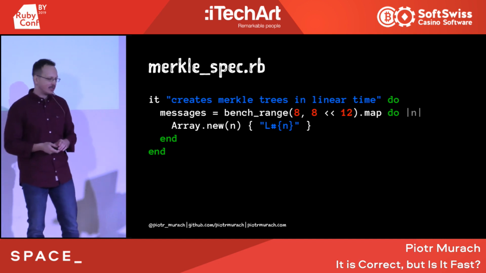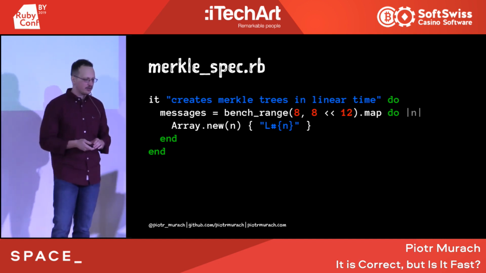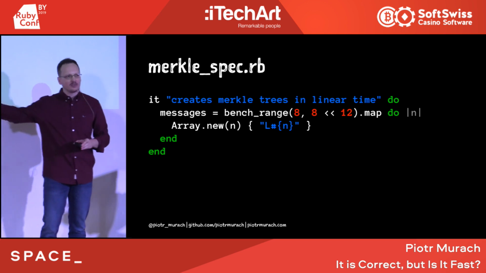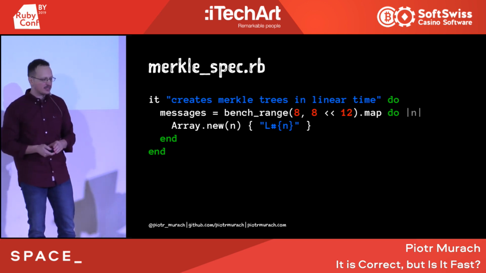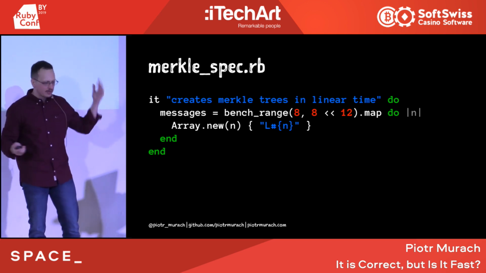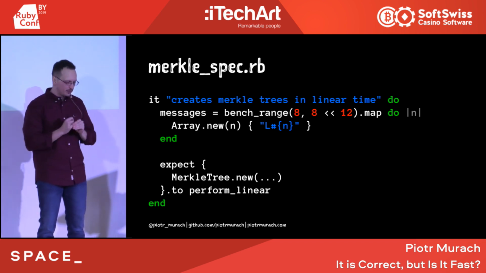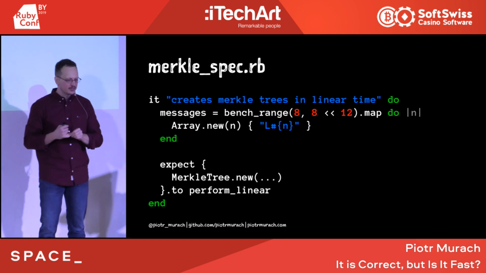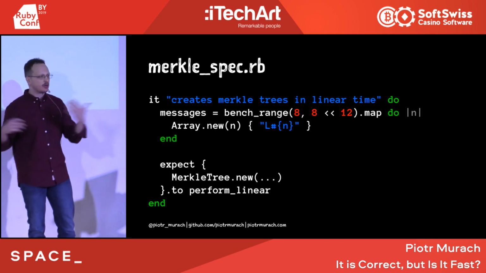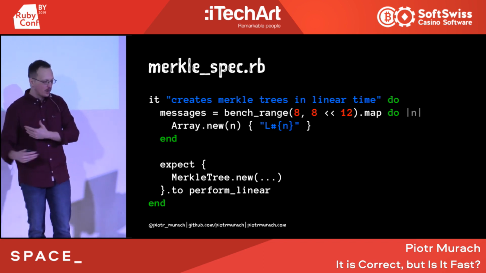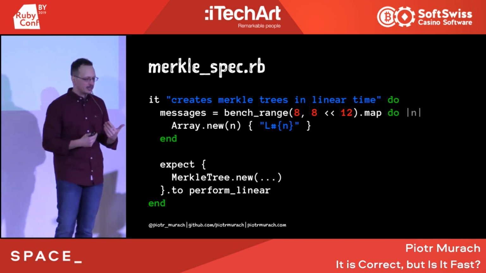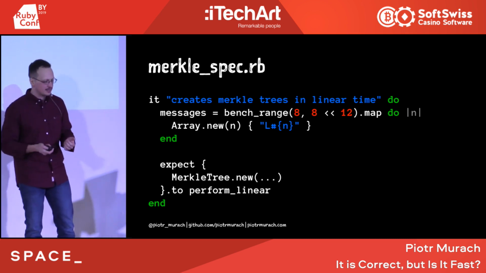We map all the data points through arrays of L1, L2, L3 nodes, and we create messages, which is an array of arrays. Then we expect the Merkle tree to perform linear, but there's a difference. In the past, we just expected some code to behave one way. In this case, we want to call the Merkle tree with different inputs. How do we do that?